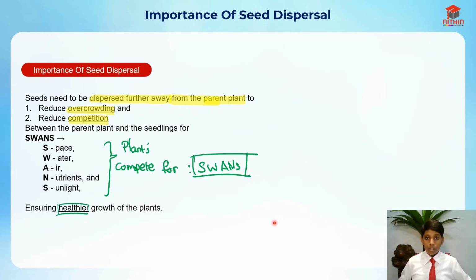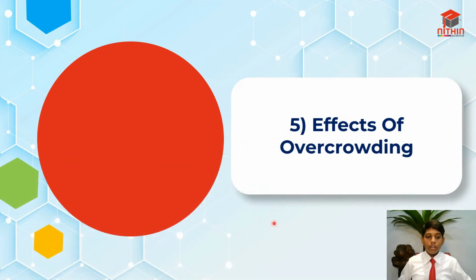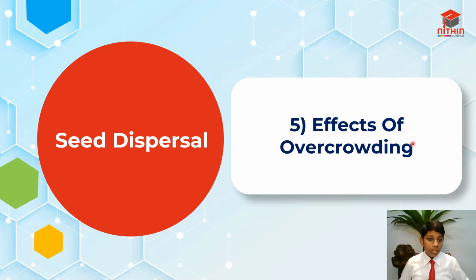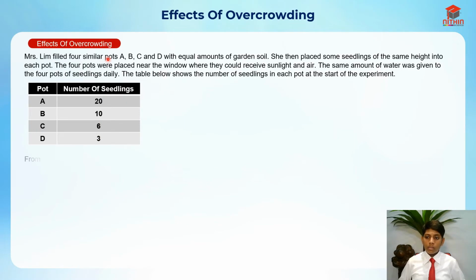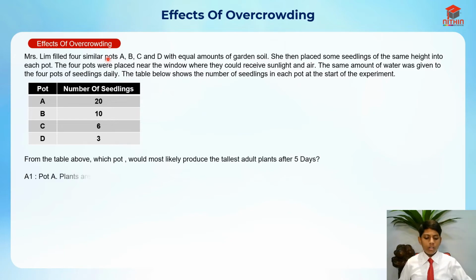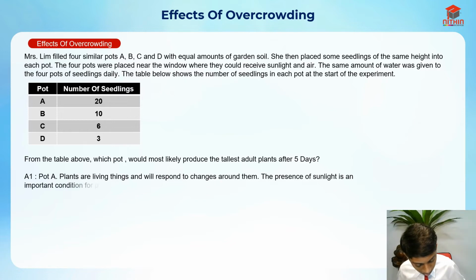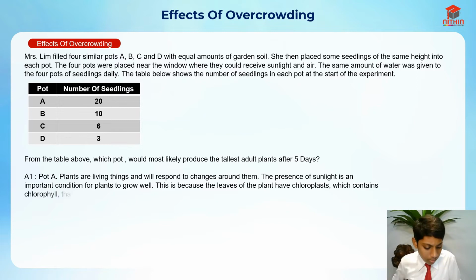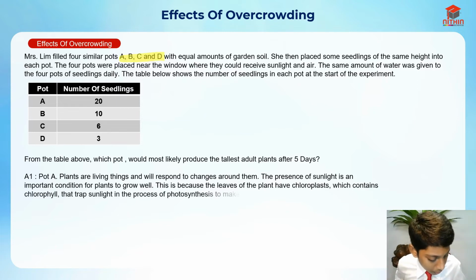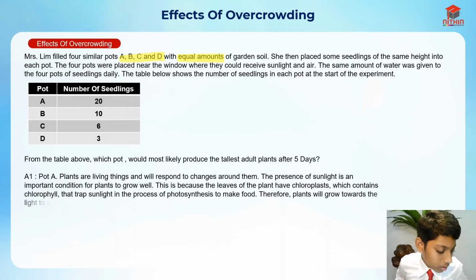Now let's move on. Okay, for the fifth segment of this video, I'm going to go through the effects of overcrowding. Okay, and I'm going to do this by explaining a question. Okay, so let's read the question first. So, Mrs. Lim filled 4 similar pots A, B, C, D with equal amounts of soil.